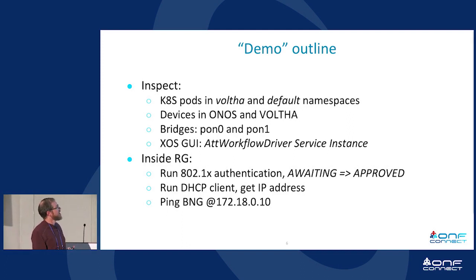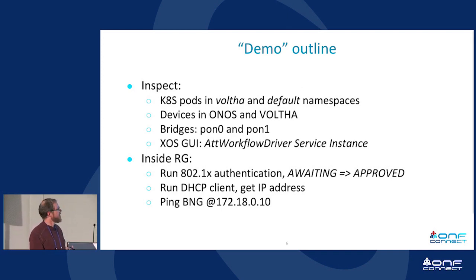But what we'll do is do some inspection of different elements of the system, look at the Kubernetes pods that get deployed by SEBA-in-a-Box. We'll look at how the devices appear in ONOS and also in Volta.